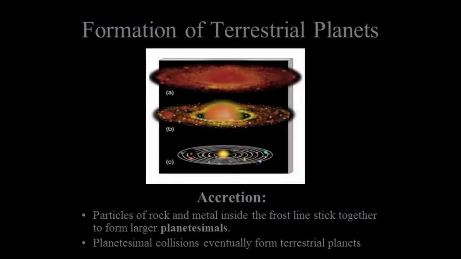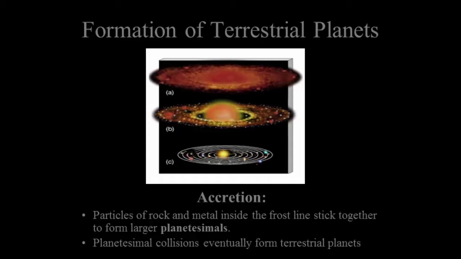Over time, the planetesimals may encounter each other, stick together, and eventually begin to form our larger planets. So while this is a very simplified explanation, it does give you a pretty good idea of how this process would have occurred. Now, of course, as these planetesimals each grow larger and larger, and they begin slamming into each other, our planets again get larger and larger.